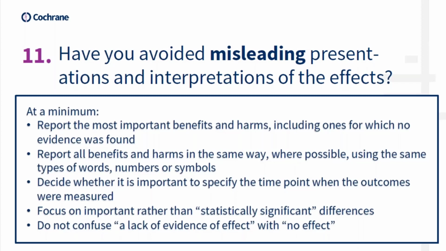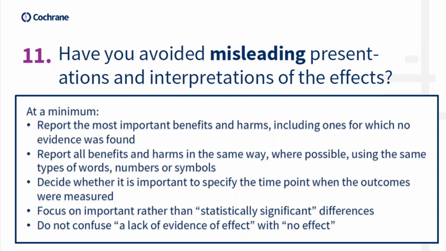Item 11, have you avoided misleading presentations and interpretations of the effects? I mean, we could have a full webinar just on this item, and it's way too detailed to go into, and we strongly recommend that you look at the guidance here. But we're talking about things like making sure you report the most important benefits and harms, not just the ones that have interesting results.